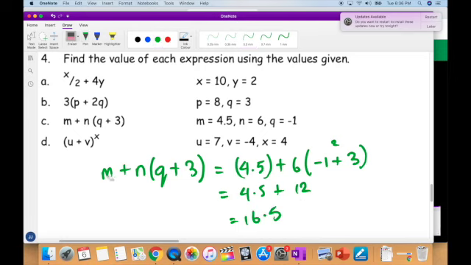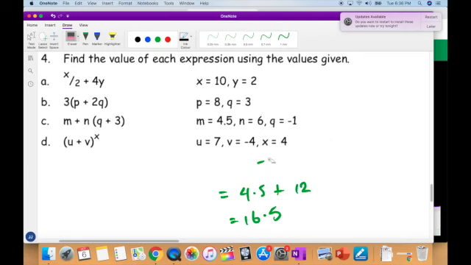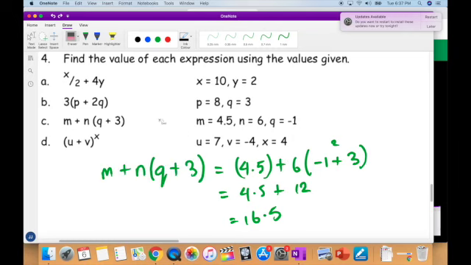Caitlin, you got that? Yeah. Shazay, you got that? No? Sorry, did you get that? What was the answer? 16.5. Alright. This was it here. What did you do wrong?